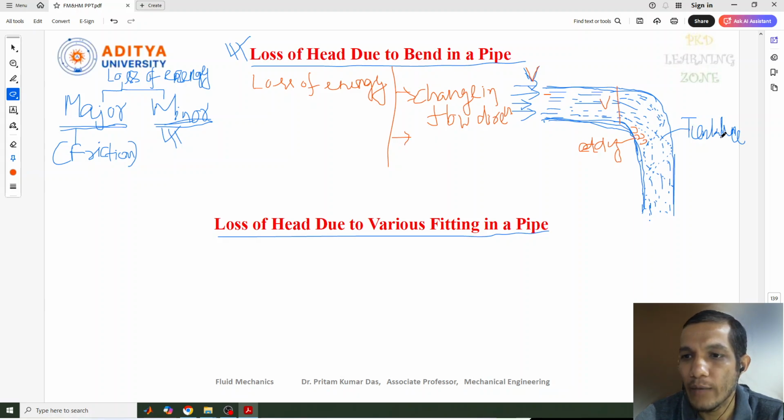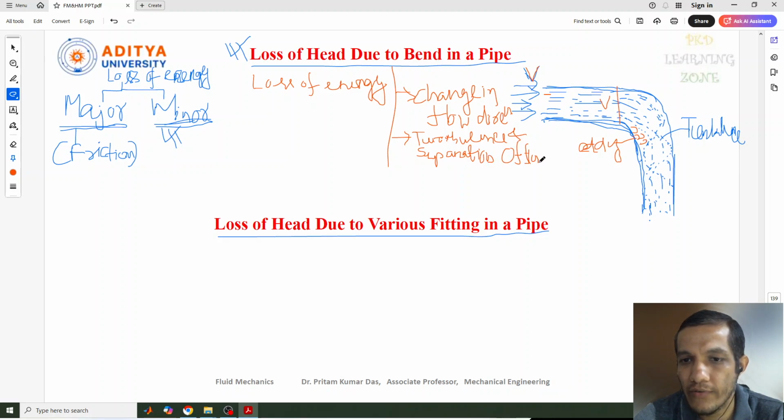And the second one, what can we write? Now there is turbulence and separation of flow created here. Separation of flow occurred here.